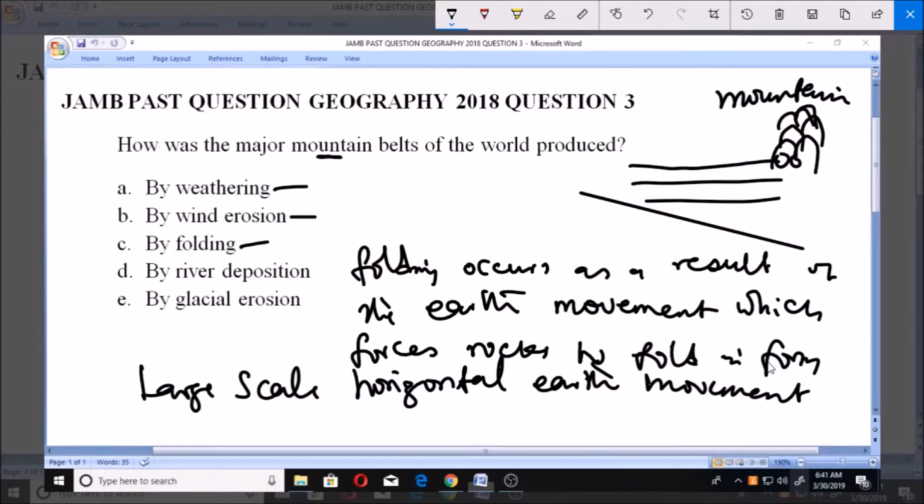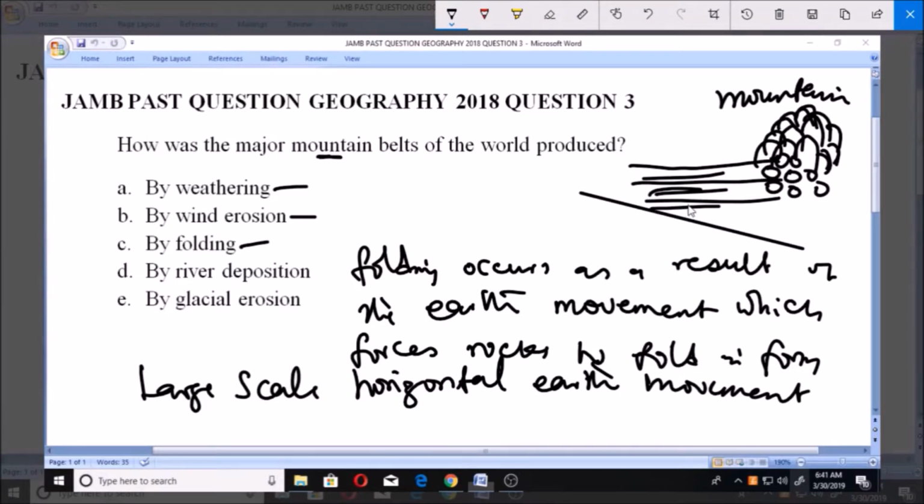Now, stresses caused by expansion and contraction of some parts of the earth are set up in the earth crust. Such stresses therefore subject the rocks to compressional force. Like I said, when the rocks are compressed because of this large-scale horizontal movement of the earth, there is now folding caused by the stress, forming the mountains.